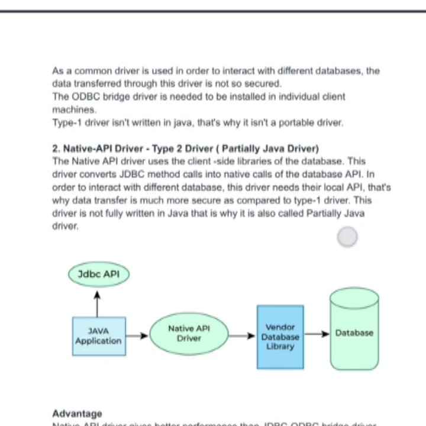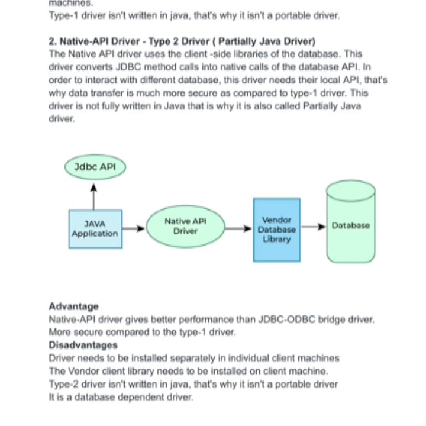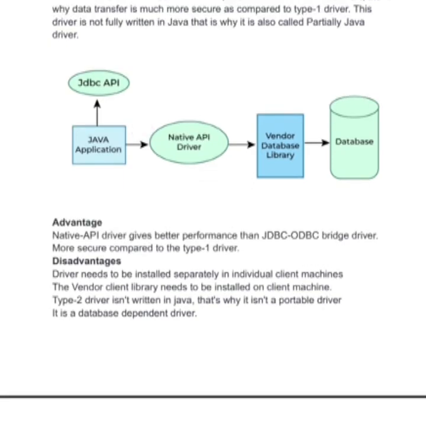So let us understand the diagram. First, the Java application gives the implementation to the JDBC API. The next is the native API driver, then the vendor database library, which is provided by vendor companies, and next the databases. So let us understand the advantages.